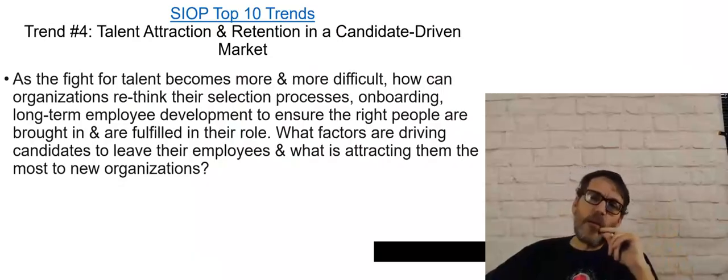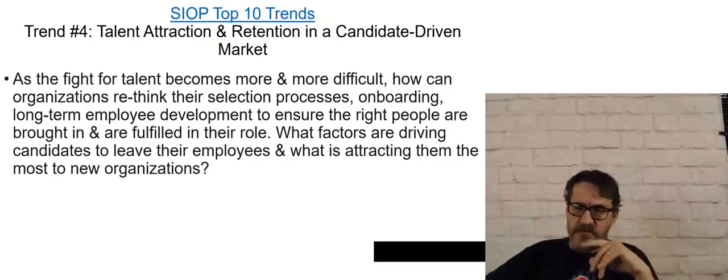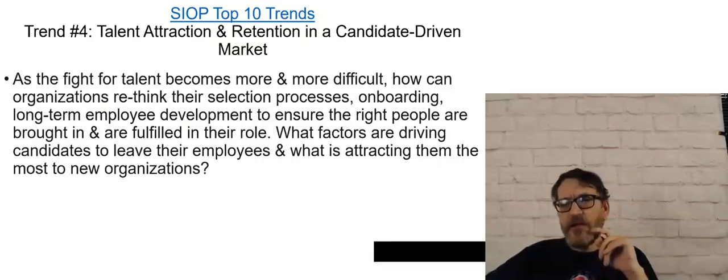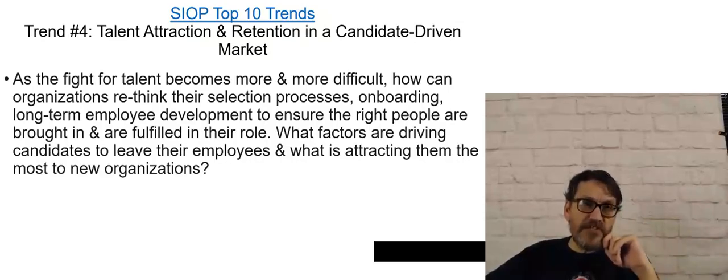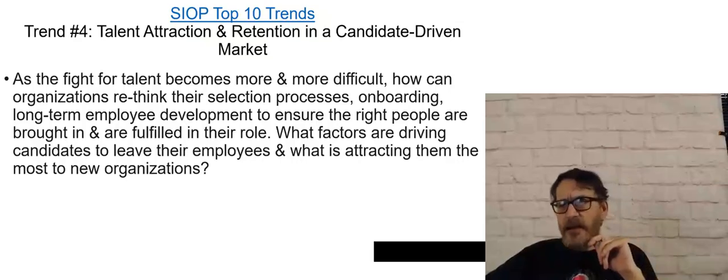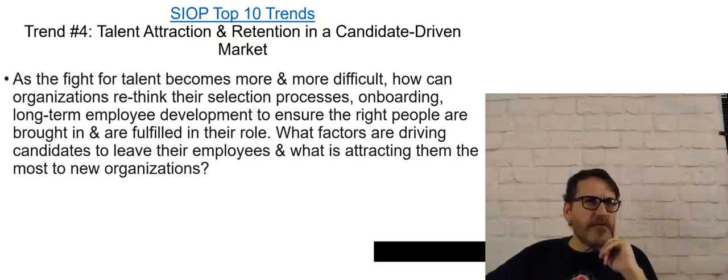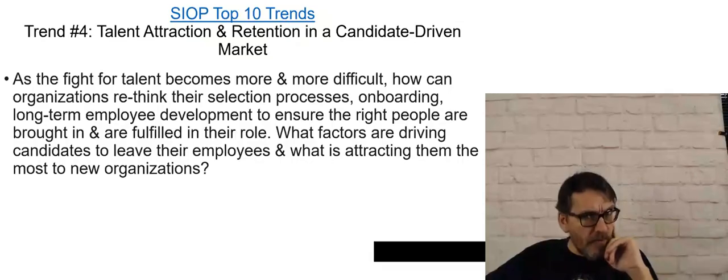So one of the biggest trends in I-O psych, the Society for Industrial Organizational Psychology, is talent attraction and retention in a candidate-driven market. Post-COVID, many workers have shifted, and this is maybe a generational shift. Clearly, in my grandfather's generation, it was pretty clear when you got a job with a company that there were some expectations that you were probably going to retire from that company.